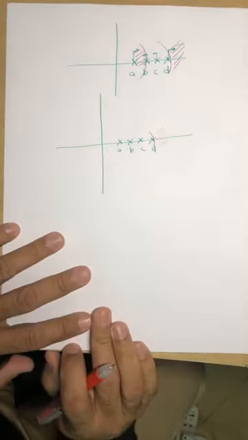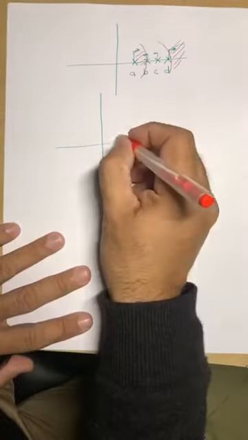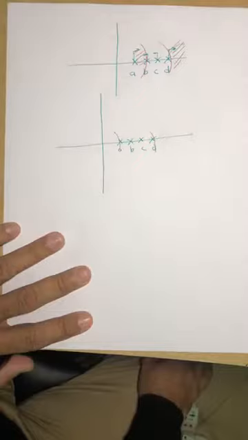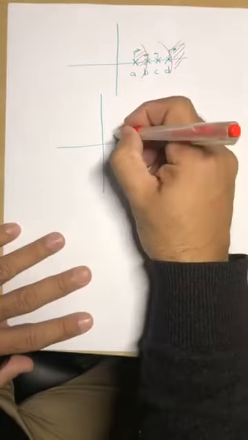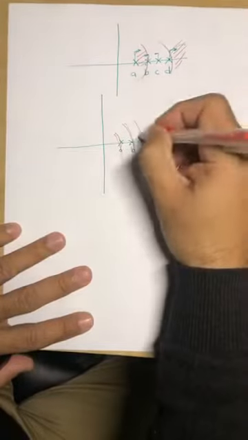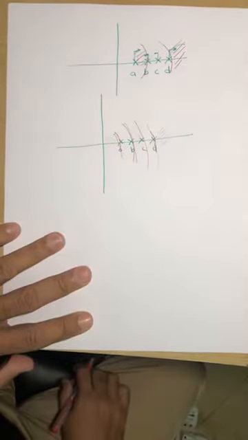The other possibility is all left hand side, so the region of convergence will be inside the innermost pole. Then there are possibilities that this could be this ring, or this ring, or this ring: three possibilities.